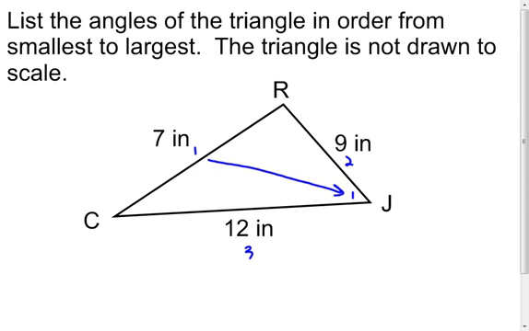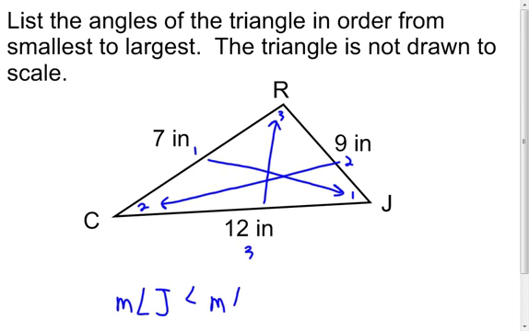So this is going to have to be the smallest angle. Here would be the medium angle, and here is the biggest angle. Now this time when I write my inequality, I can say that the measure of angle J I know is less than the measure of angle C, which is less than the measure of angle R.